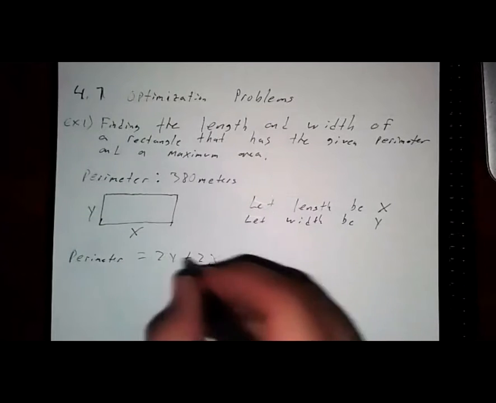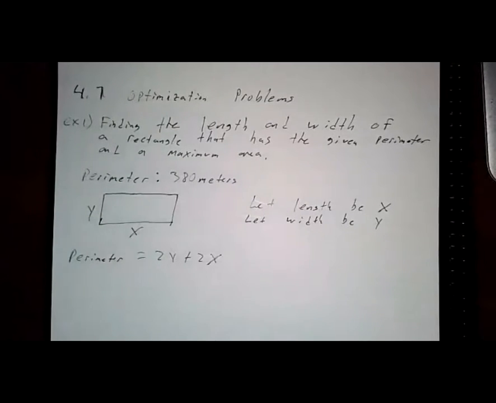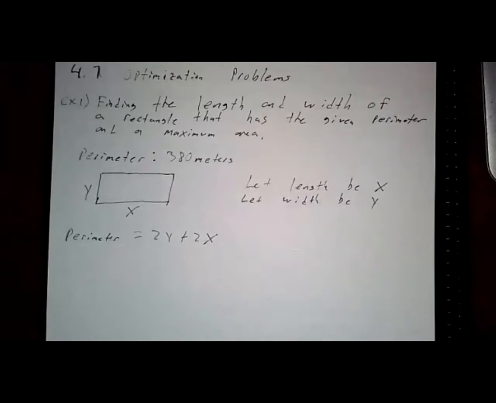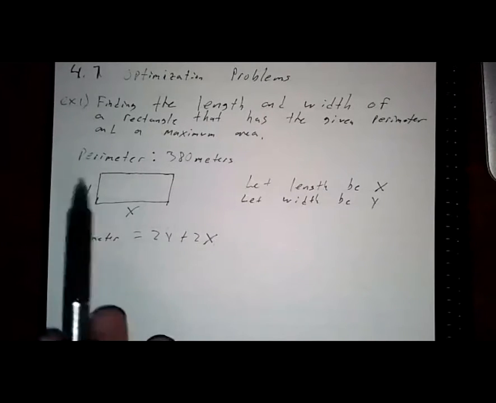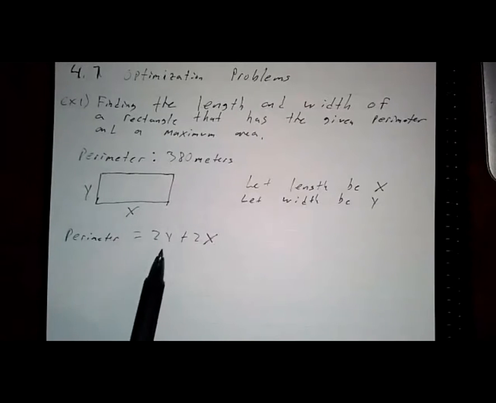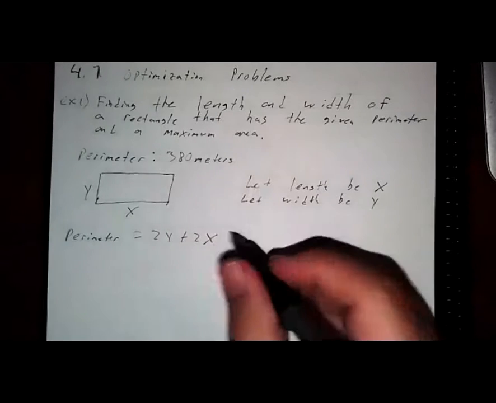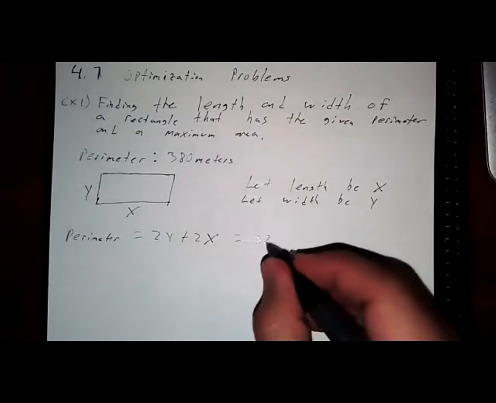We're using these because we're used to dx, dy, and dy/dx, because that's going to come up in a second. So we have two sides added together, two more sides added together. That's the total perimeter, and that has to equal 380 meters, right?